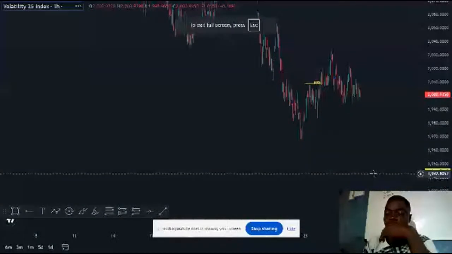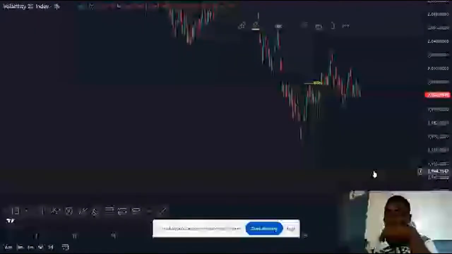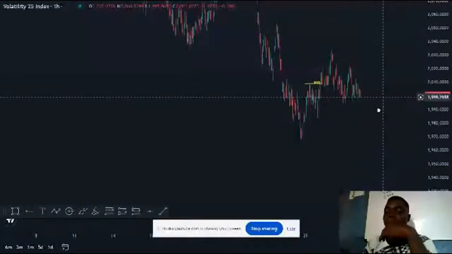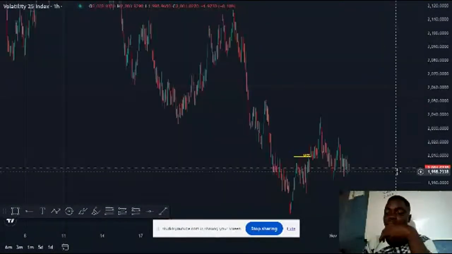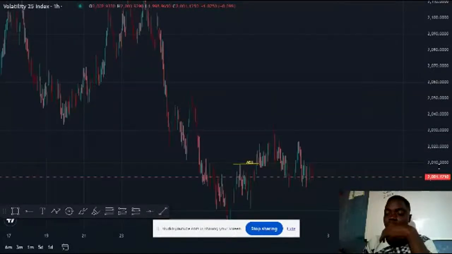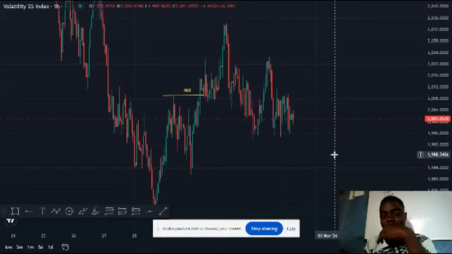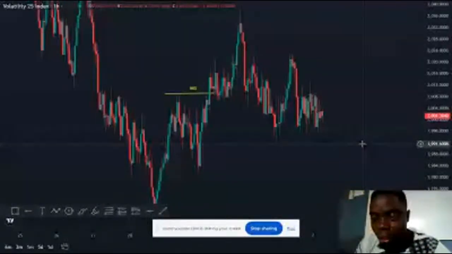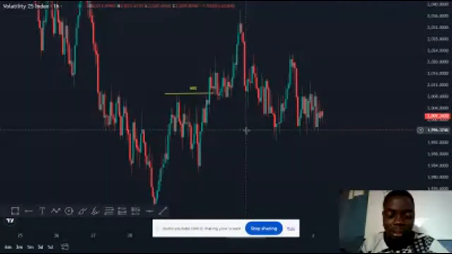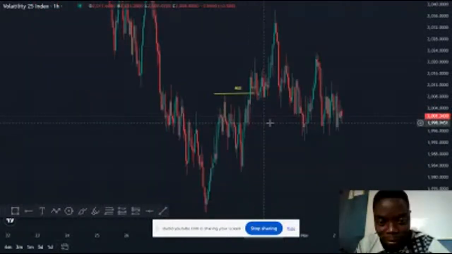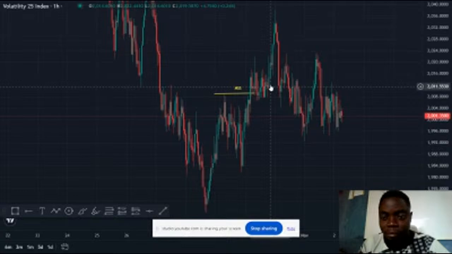So with market structure, I want to buy to a level, and then I will start selling because we are bearish. We are only retracing.